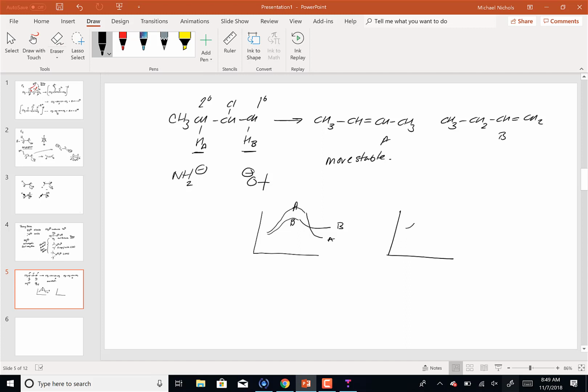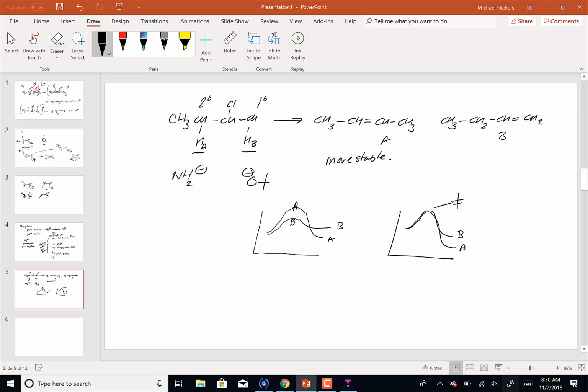So if we drew that diagram out, it would look something like this, where now you have B and A, but the two transition state energies are virtually identical. Small base can get to either hydrogen the same. So if it can get to either hydrogen the same, what's going to be the driving force of that reaction to form the most stable product?